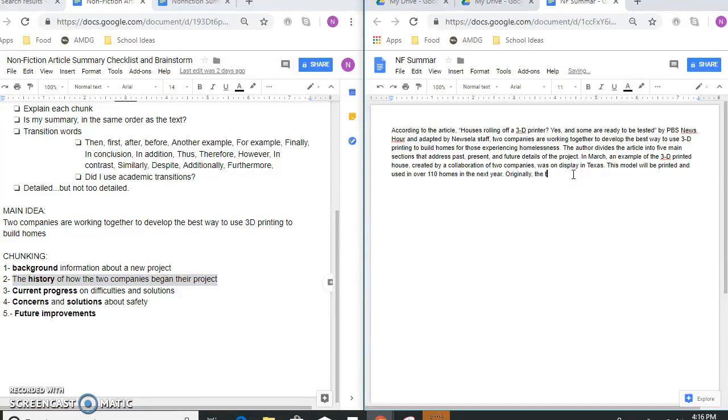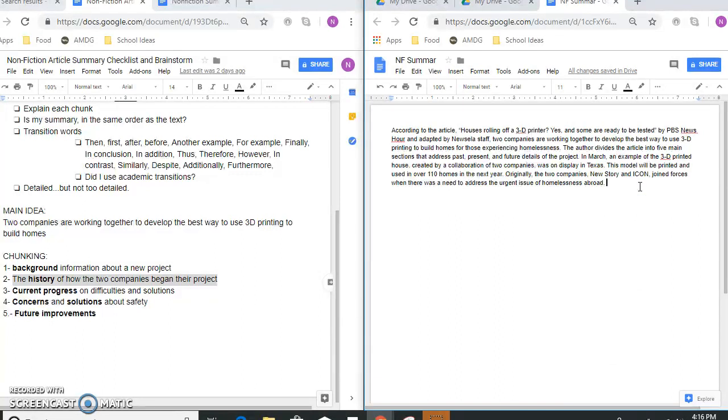Originally, the 2 companies, and this is where I explain who they are, News Story and Icon, joined forces when there was a need to address the urgent issue of homelessness abroad. Overall, that explains who the companies are and why they began working together. That covers the history of how they began.